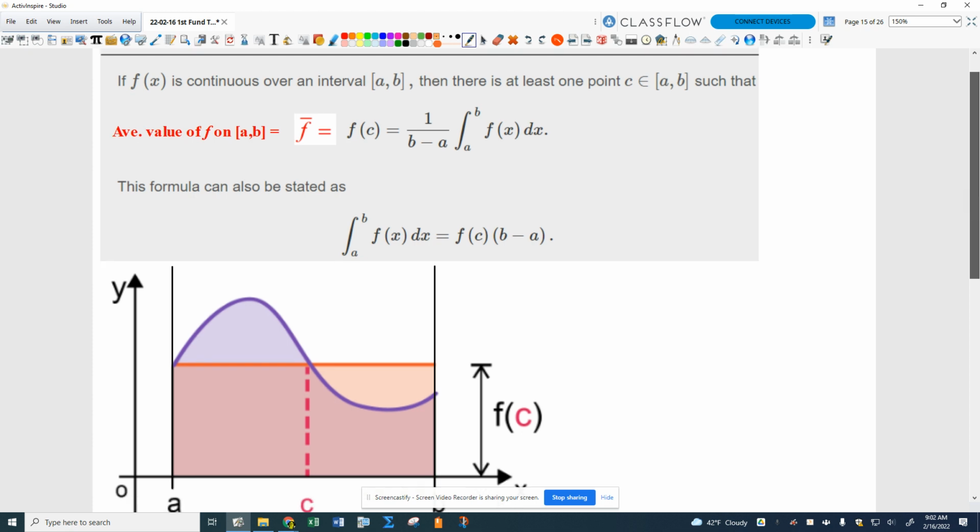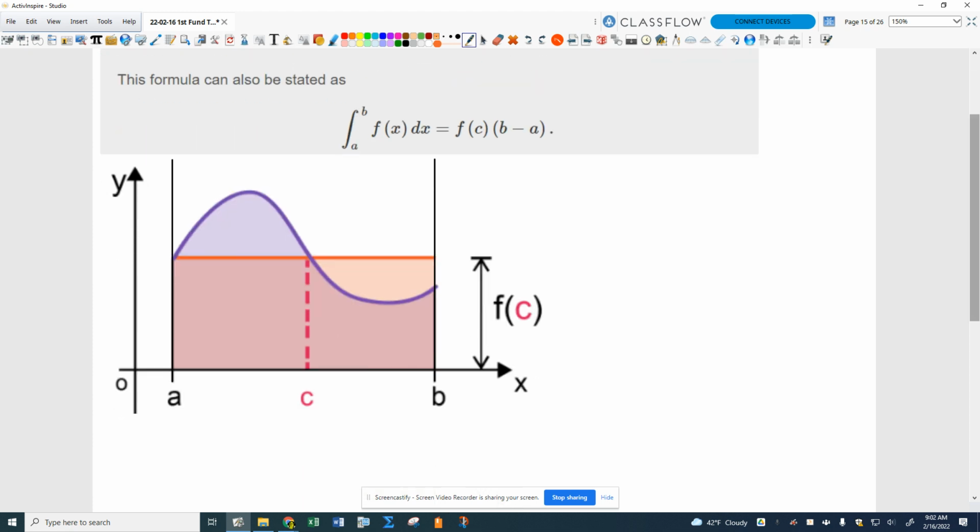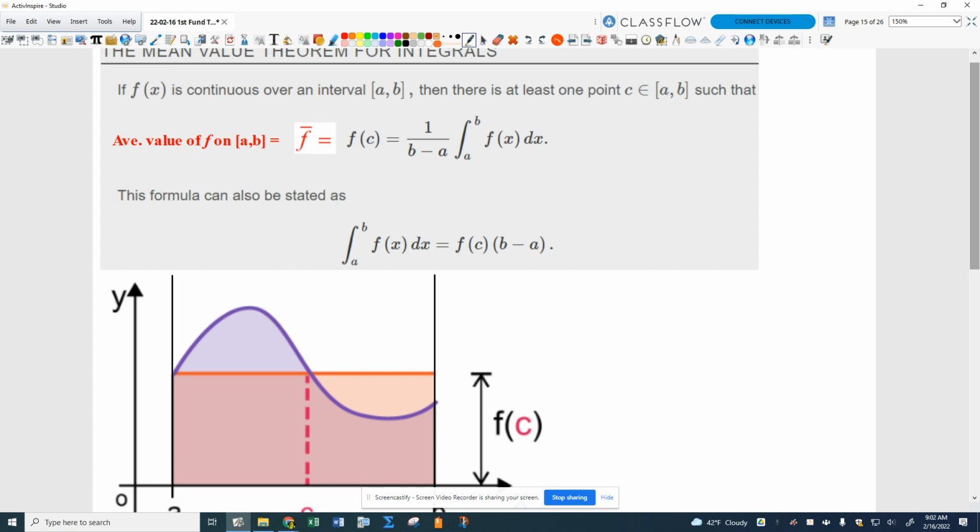The mean value theorem for integrals just says, well, let's look at the conditions here. If f doesn't even have to be differentiable. If a function is continuous over a closed interval, a to b, then there's going to be at least one interior point c. So this is a little mistake. I took this from the OpenStax book, and there are sometimes mistakes in there.